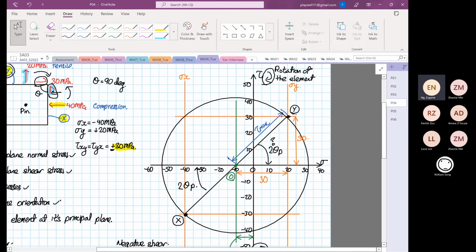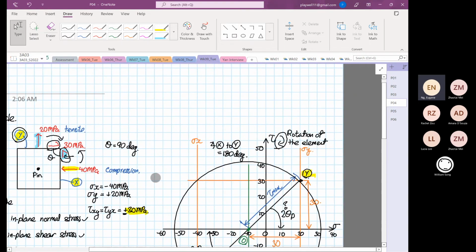On Mohr circle, right? Point X to point Y, right, is equal. So X angle from point X to point Y is equal to what? 180 degrees, right? So on the element, I'll write up here, it is equal to theta, right?